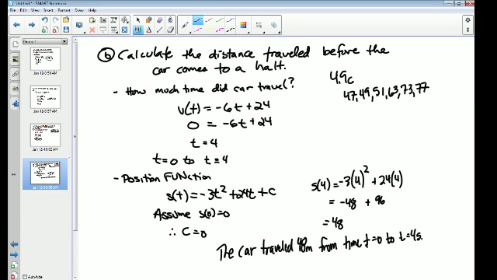Number 71 from the first day of this section, you should be able to do that problem. If you want more practice, you could do that. It's not required.